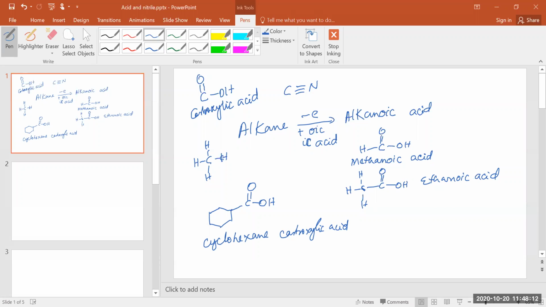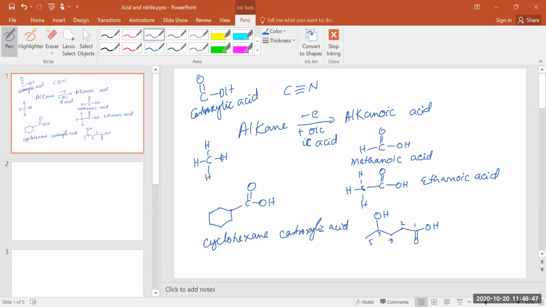These carboxylic acids are considered a high priority functional group. If other functional groups are there, then those will be considered as derivatives. Like let's say this one here. What will this molecule be called? 1, 2, 3, 4, 5.